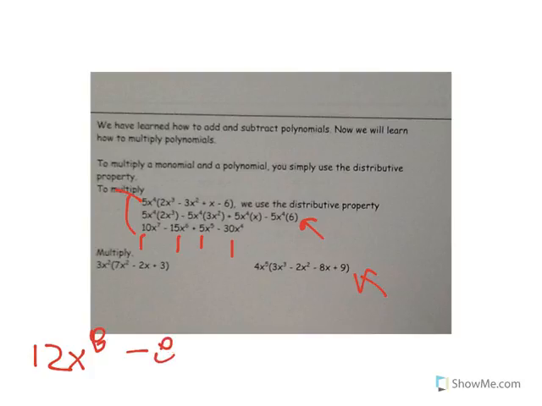That's going to be 8x to the seventh. 4x to the fifth times 8x is going to be 32x to the sixth. And 4x to the fifth times 9 is going to be plus 36x to the fifth. So that's how you do these. When you multiply a monomial by a polynomial, it's pretty straightforward.